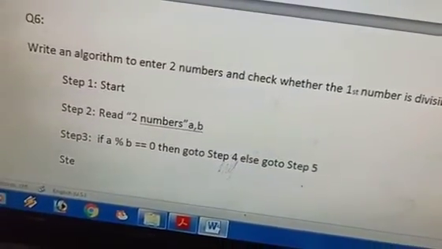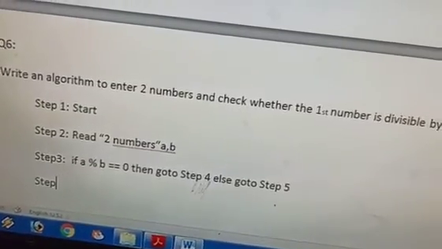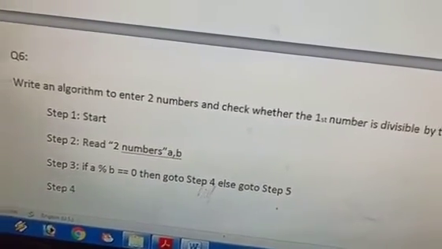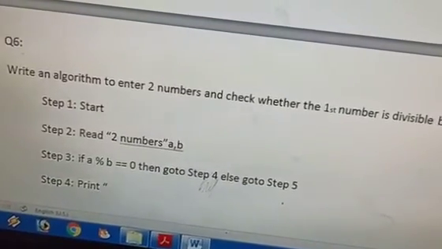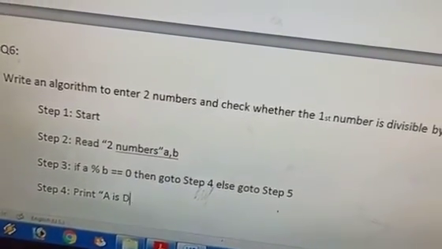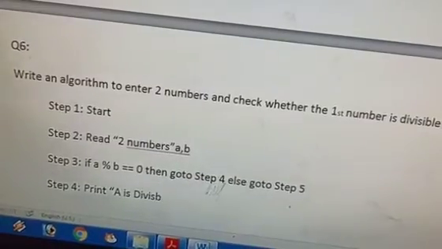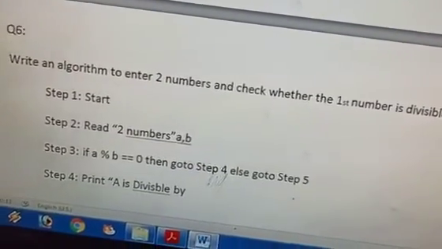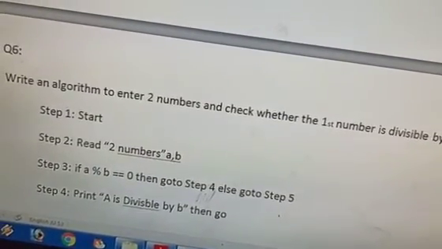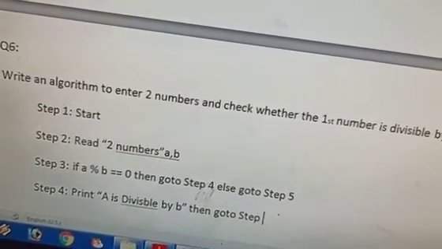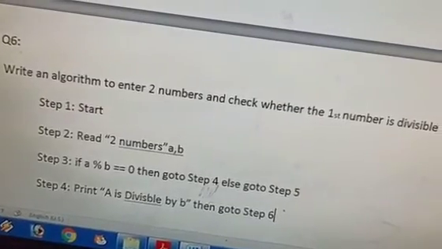Now in step 4, what we are supposed to do? We are supposed to print the message A is divisible by B. Then go to step 6, that is your stop case.